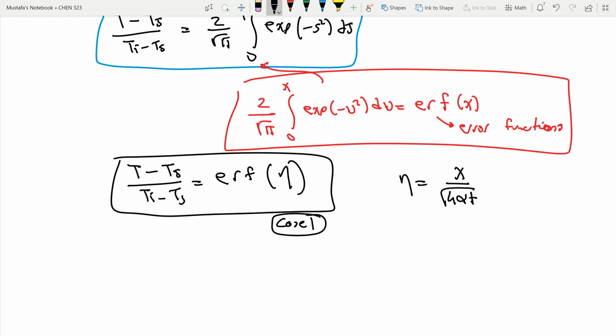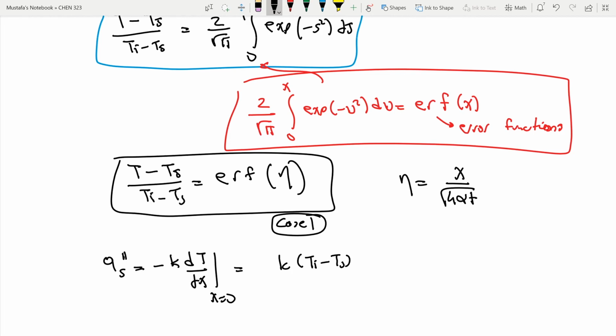And in case I need to calculate the heat flux at the surface for certain calculations, I need to take the derivative of this term with respect to x. So that is k times Ti minus Ts.